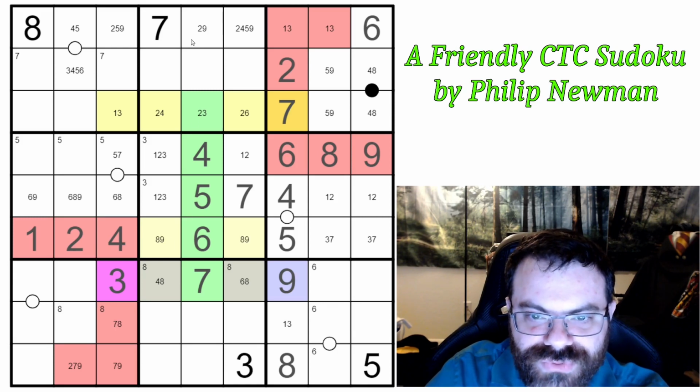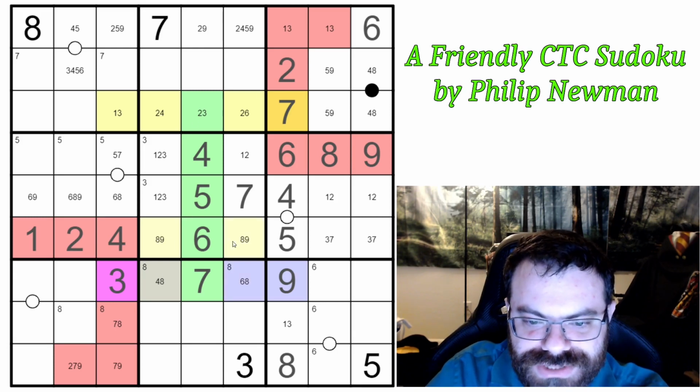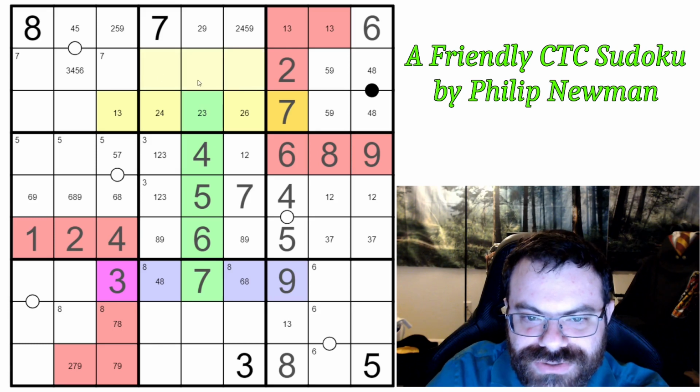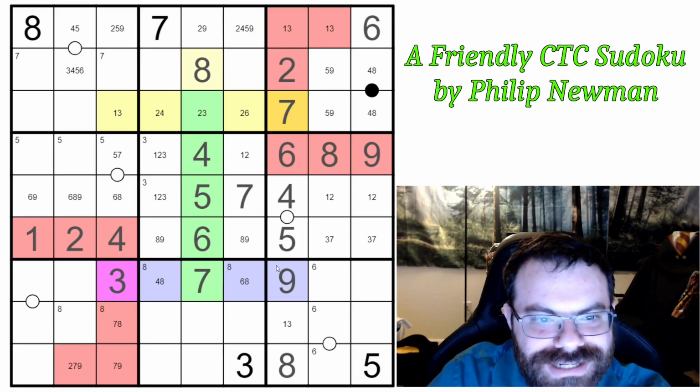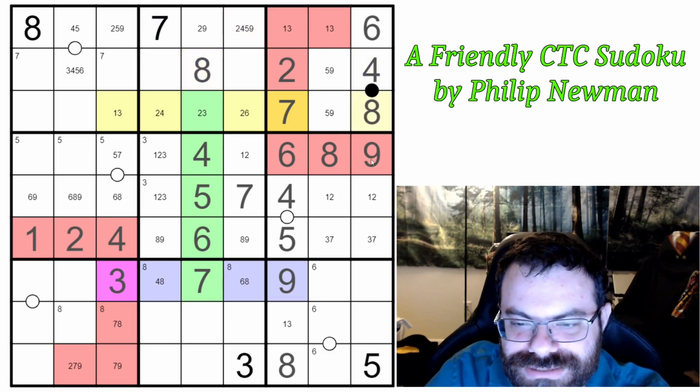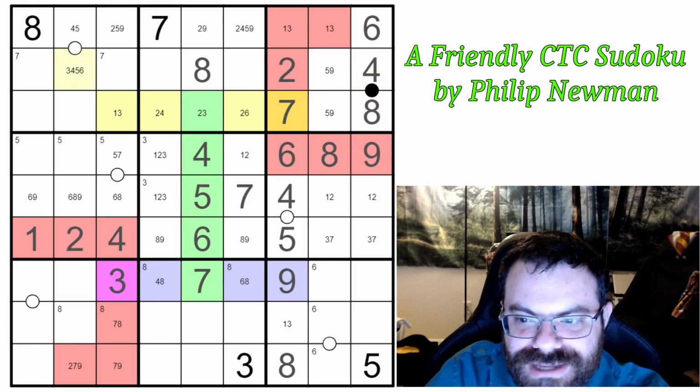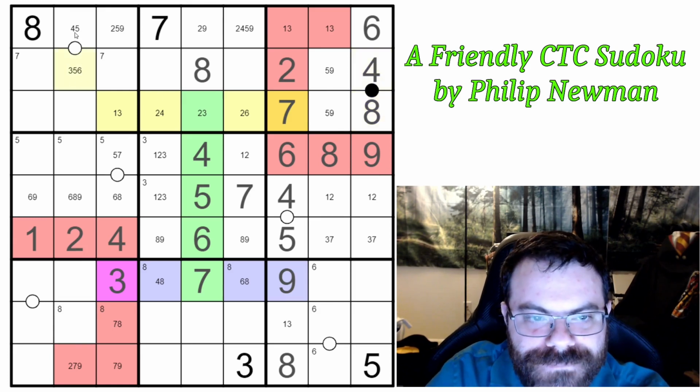In columns 4 and 6, we know where the 8's are. They're here. So they can't be here, and these two can't be 8 because of this given 8 and because of the friendly rule. So 8's somewhere here, but also not here. So anyway, that's an 8. 4, 8. That's not a 4. That does not prevent a 5, though.